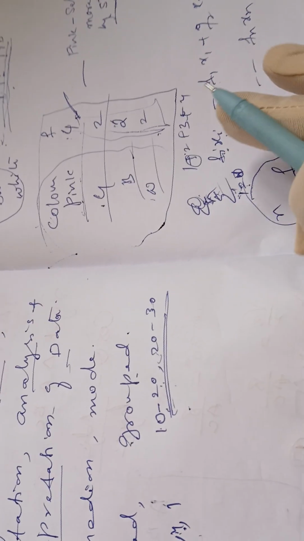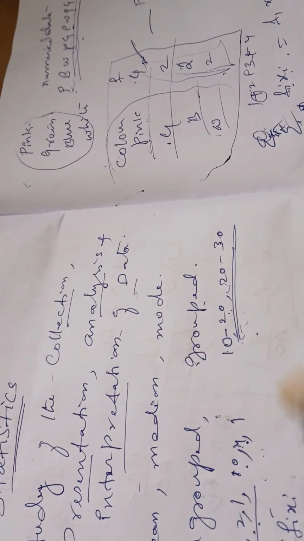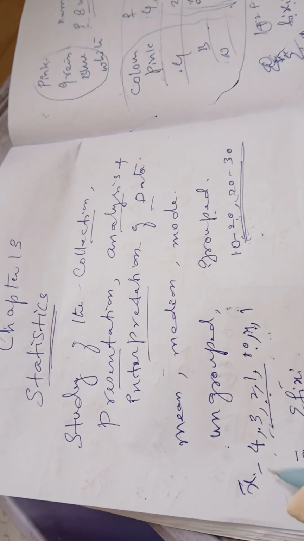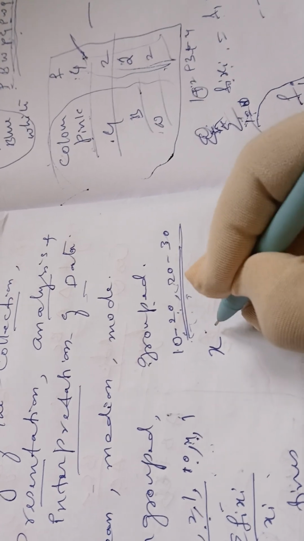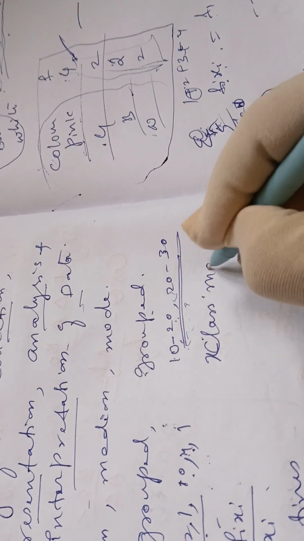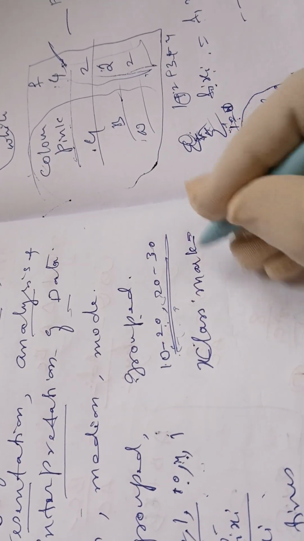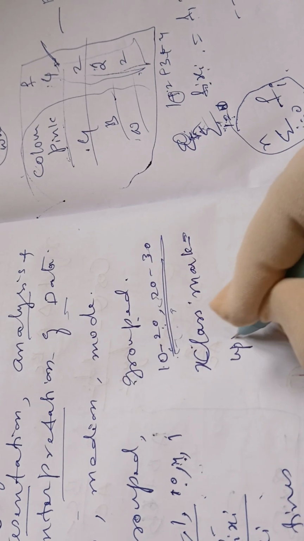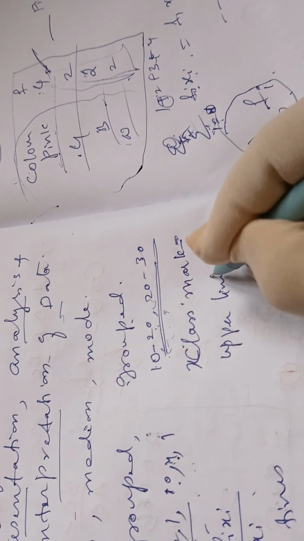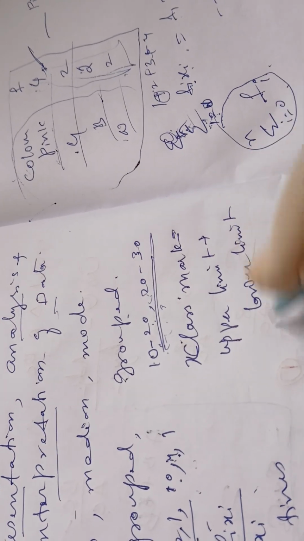So this was for the ungrouped data, but here we have to do it for grouped data. In grouped data, what we have to find out first is x, which is not present; that is the class mark. The class mark is directly given in ungrouped data, but in grouped data the class mark has to be found out. How is the class mark found? Class mark is the midpoint: upper limit of a class plus lower limit, divided by 2.